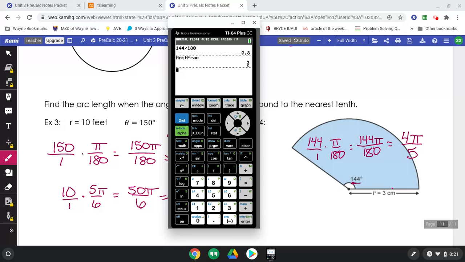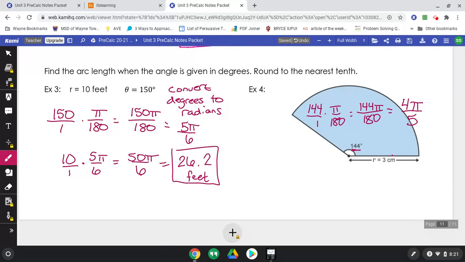So that first step is converting it to a radian. And then my second step would be to multiply that by the radius. So the radius times the 4 pi over 5. Go ahead and put that over 1 again.